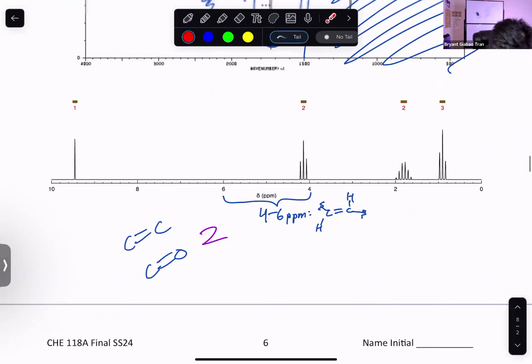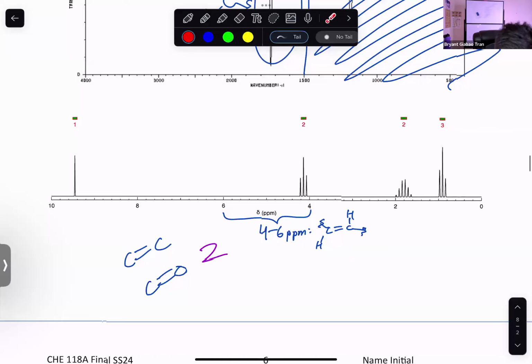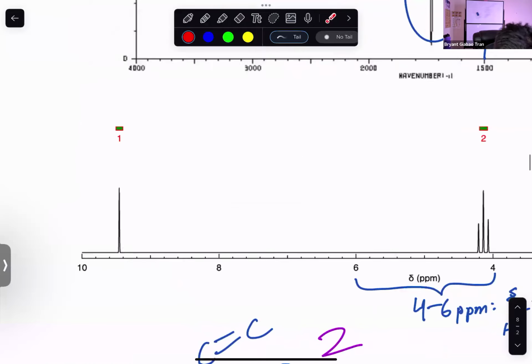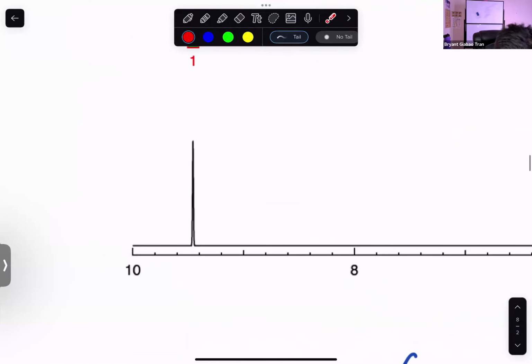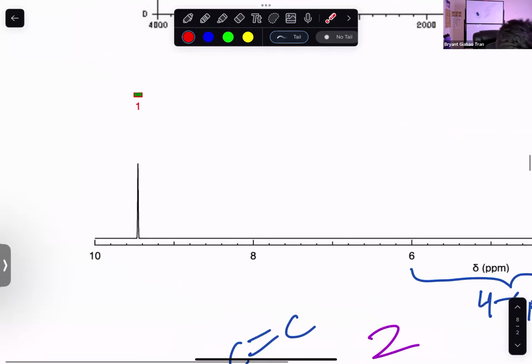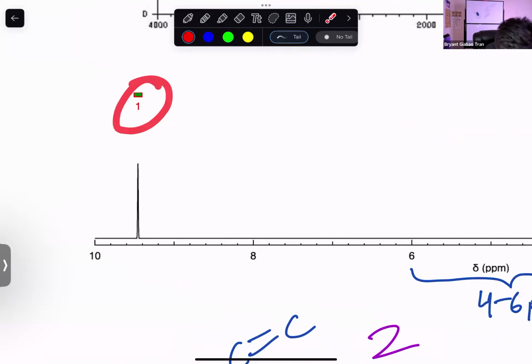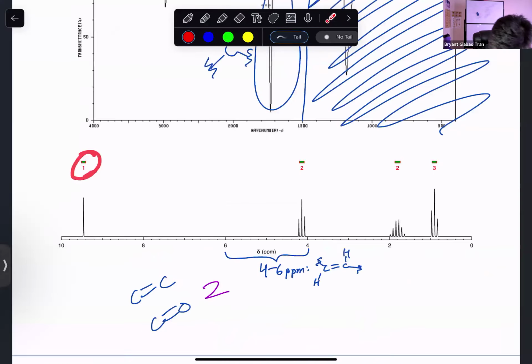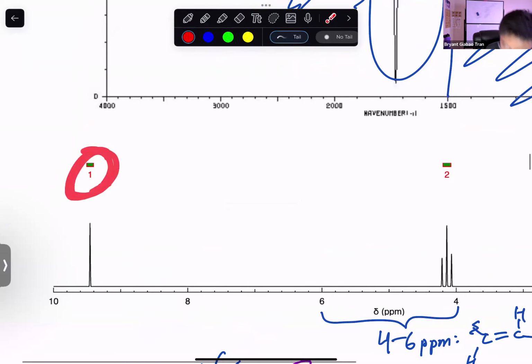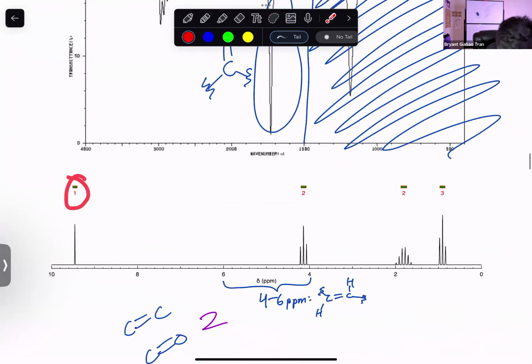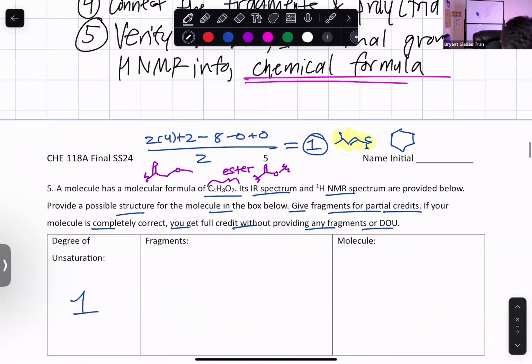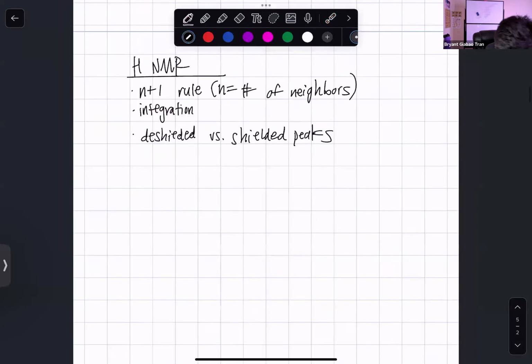Let's see. Ooh. This is high. Okay, so this HNMR peak right here, right? What functional group do you guys notice about that right there? Let's say it's around 9 to 10. Yeah, 9 to 10. Right, let's go back to that graph that I showed you guys.